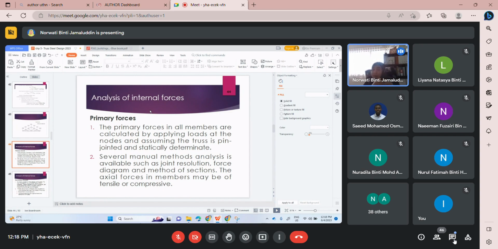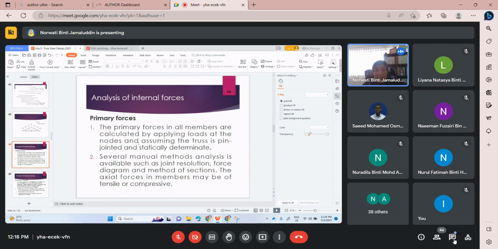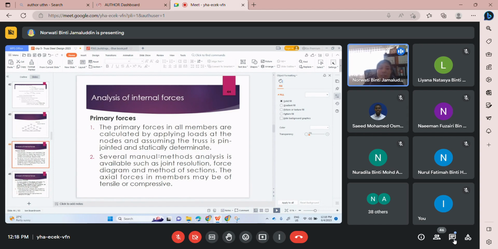The primary forces in all members are calculated by applying load at the nodes, like this one, not like this one, and assuming the truss is pin jointed and statically determinate.